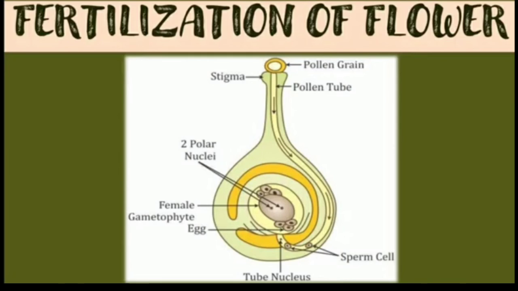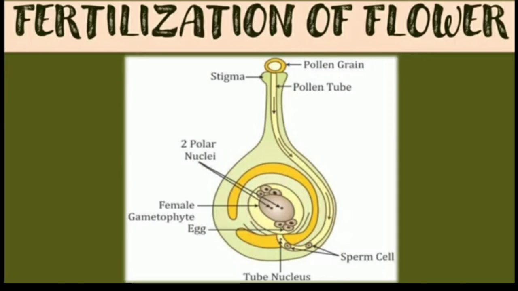Now what happens, children? After maturity, the anthers which are present on the filament burst, and the pollen grains which are present in the anthers are released and they fall on the stigma.